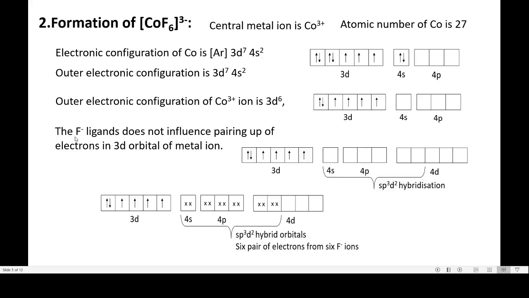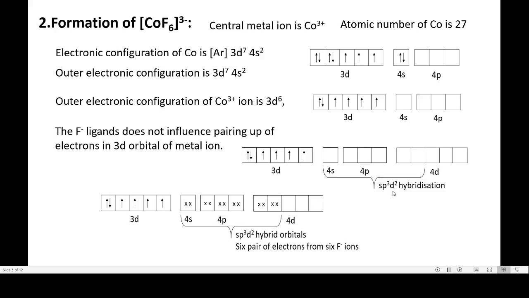Now when the fluoro ligands approach the central metal ion, they do not influence pairing up of electrons. So there is no pairing of electrons in 3d orbitals. So now the central metal ion undergoes hybridization, but here it undergoes sp3d2 hybridization.